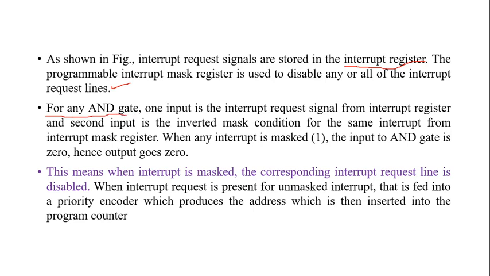Remember this sentence: for any AND gate, one input is the interrupt request signal from the interrupt register, and the second input is the inverted mask condition for the same interrupt from the interrupt mask register. When any interrupt is masked with 1, the input to the AND gate is 0, and hence the output is 0.